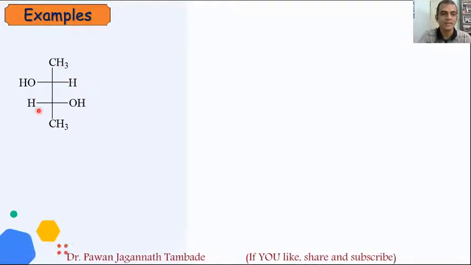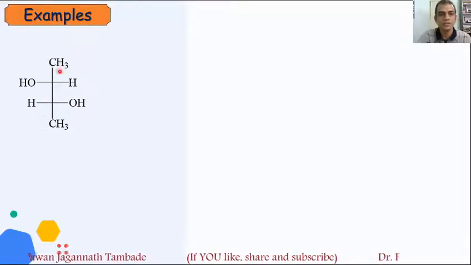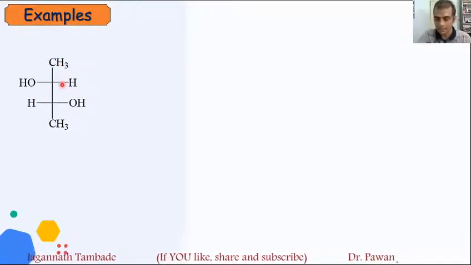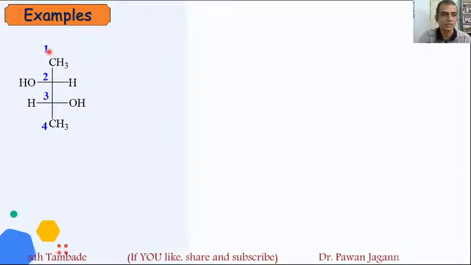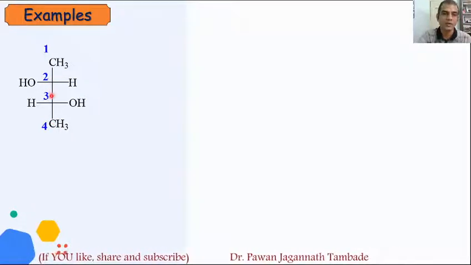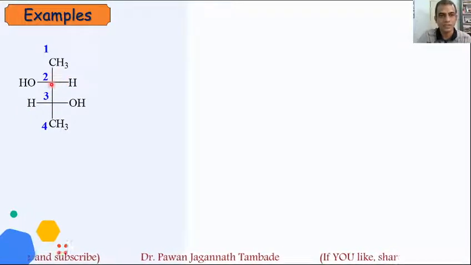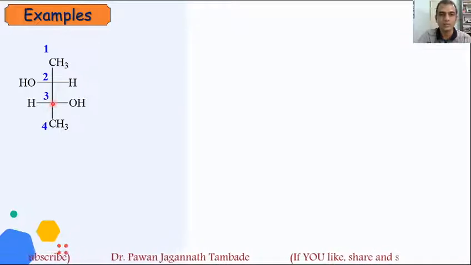And there are certain atoms or group attached to this chiral center. So first of all, for our convenience, we will number this carbon atom in a chain. So we got 1, 2, 3 and 4 carbon atoms in a chain. Out of this, carbon number 2 and carbon number 3 are chiral center, and thus we should find out RS configuration at carbon number 2 and carbon number 3.